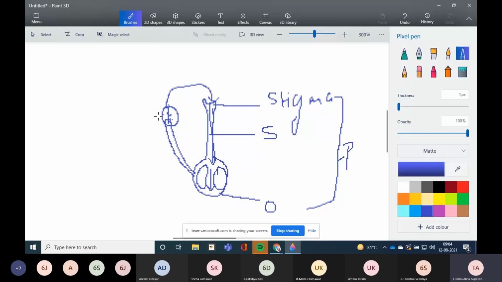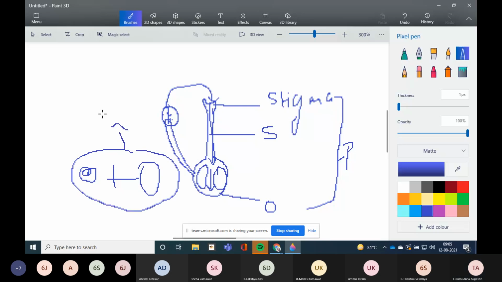So when the pollen grains from the male part come and sit here, pass through the style and reach the ovary in the female part, the pollen grain fuses with the ovule. Both of them will fuse together and form what? A zygote. A zygote is the initial stage of development.